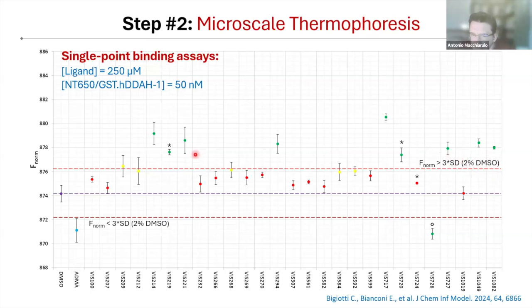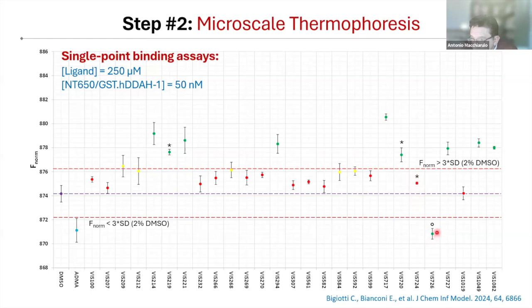Here we can see with the star points that 2 of the 3 molecules that matched the docking score of -6 kilocalories per mole in more than 3 conformations are indeed able to bind the protein, whereas this is not the case for one of these 3 compounds, in particular 724.